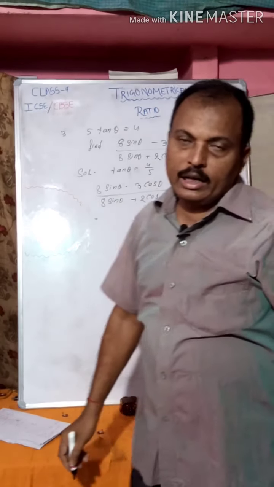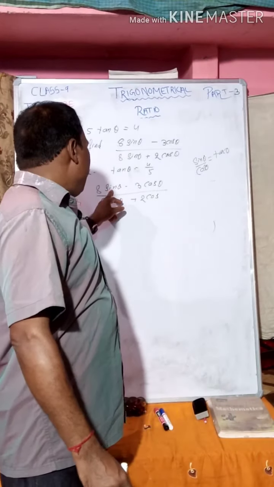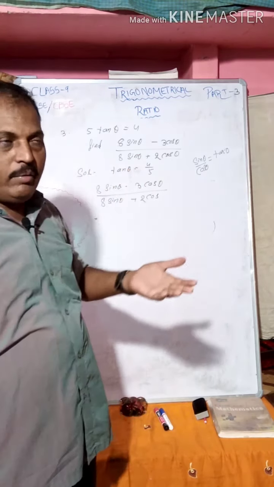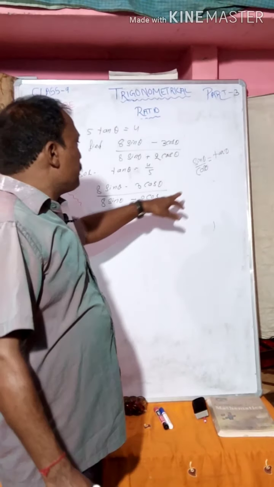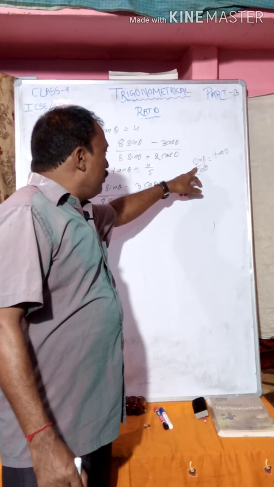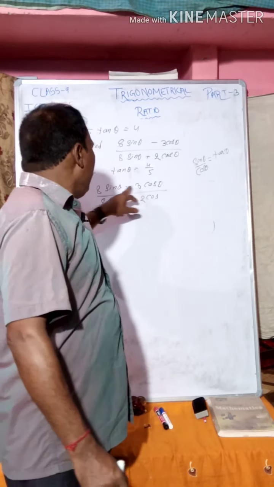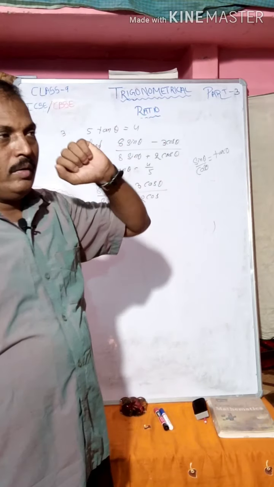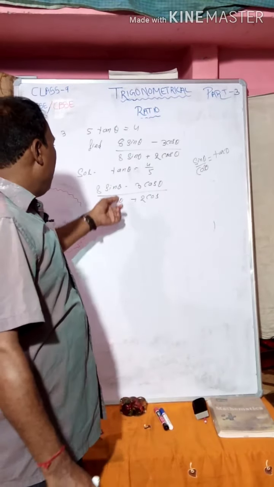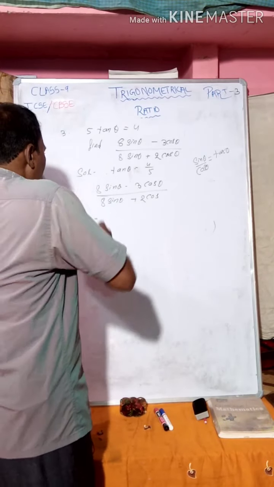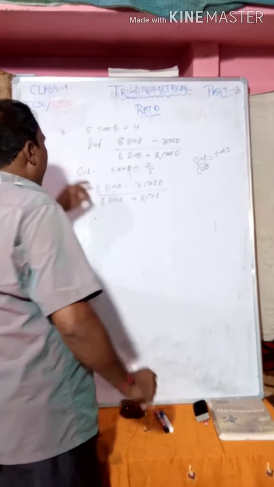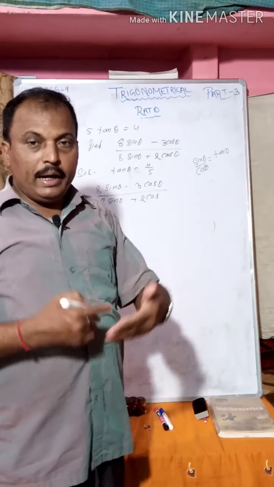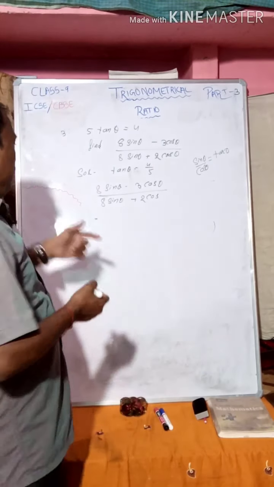Numerator and denominator both have sin and cos. If we divide numerator and denominator of the fraction both by cos theta, we get tan theta.